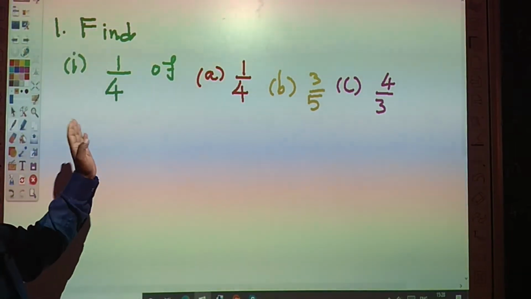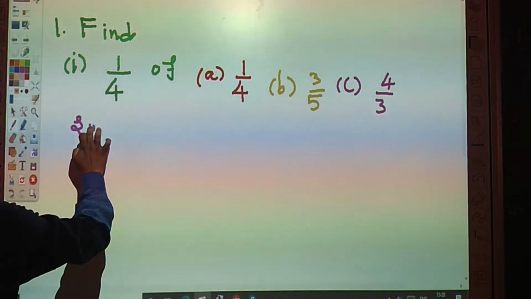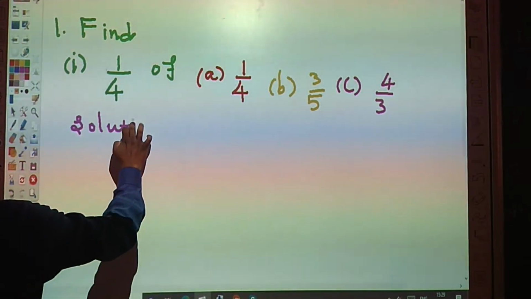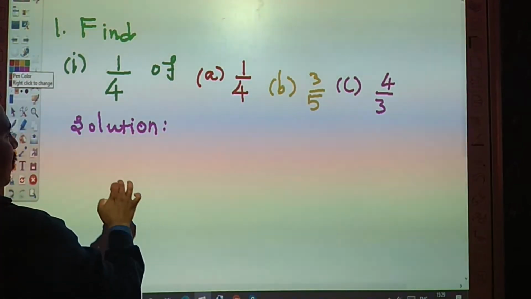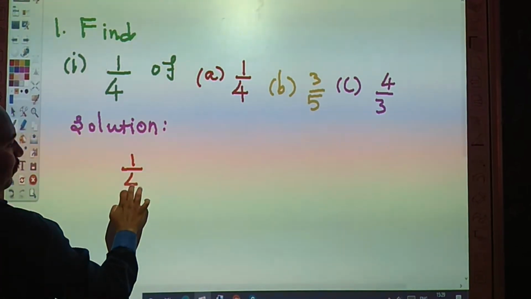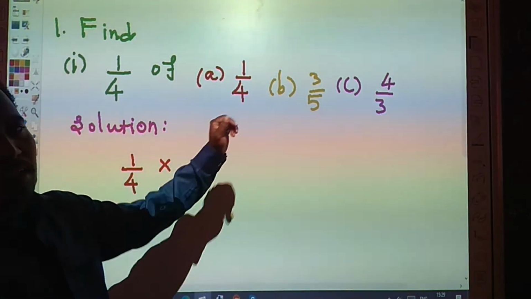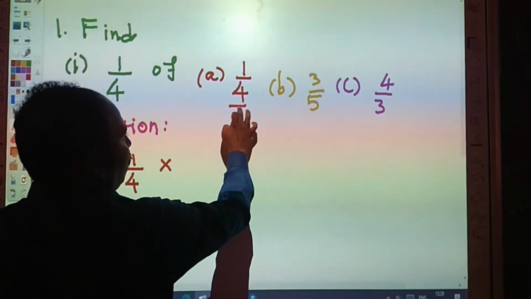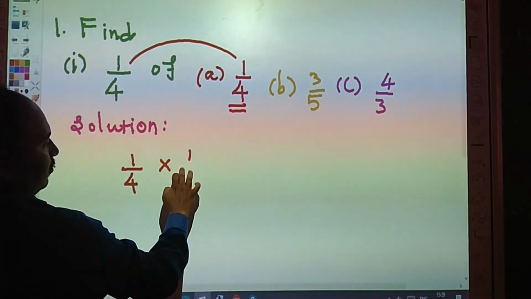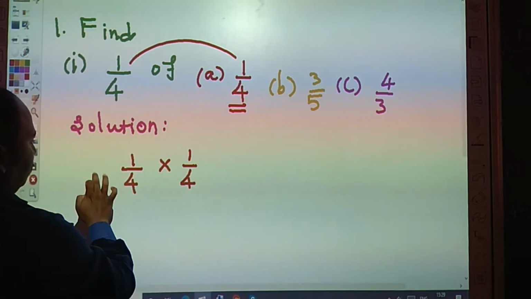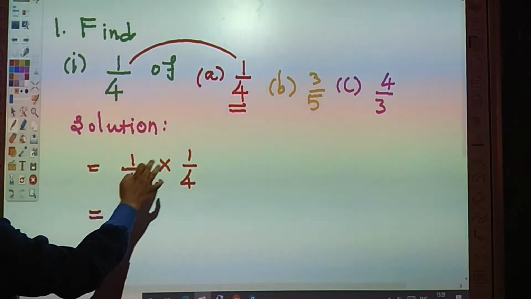First is 1/4 of A. Solution: 1/4 into A. A is also 1/4. So 1/4 into 1/4 is equal to 1 into 1.